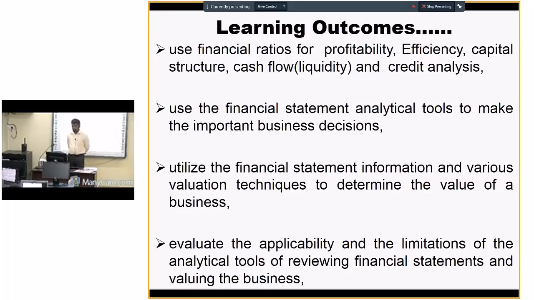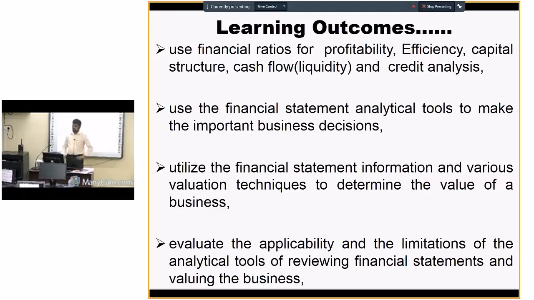Then utilize the financial statement information and various valuation techniques to determine the value of a business, and evaluate the applicability and the limitations of analytical tools for reviewing financial statements and valuing the business.